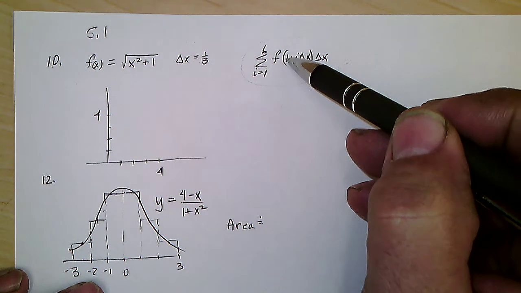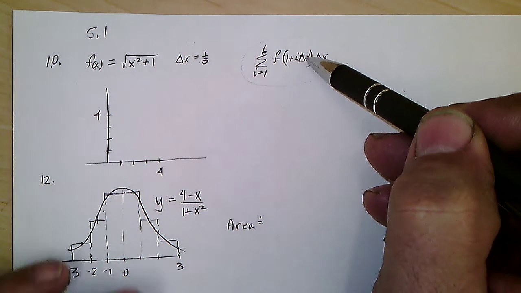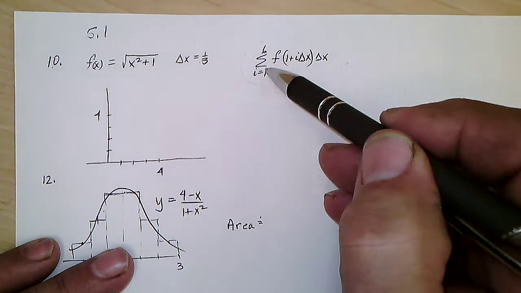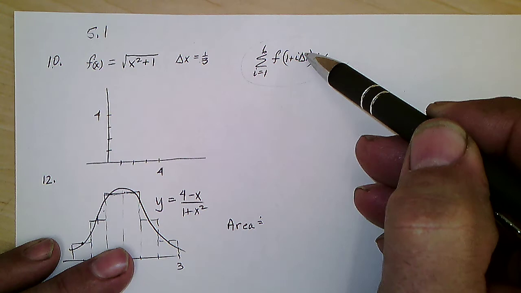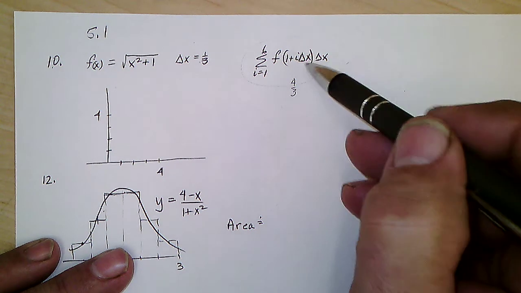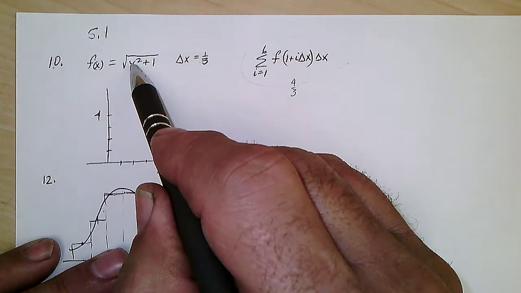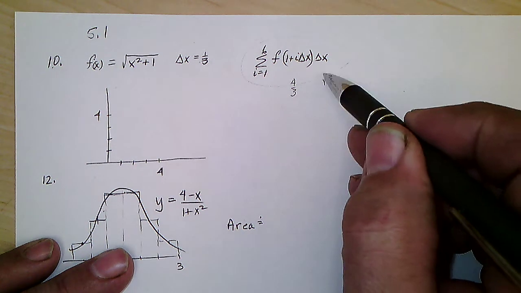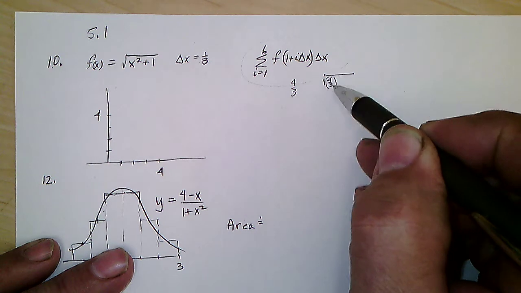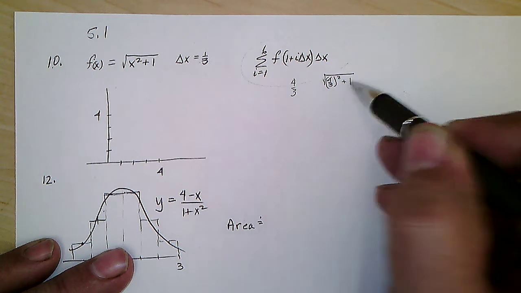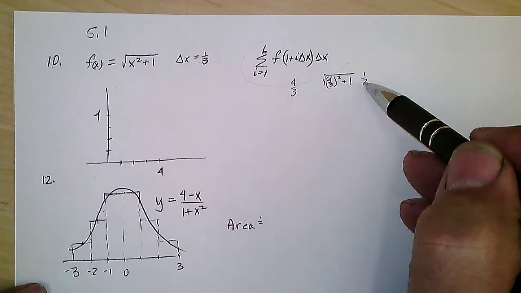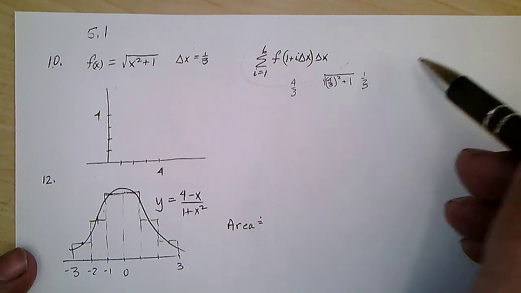And f of 1 plus a delta x, 1 plus 1/3 would be 4/3, into f of x. So we got to put that into here. So we're going to have the square root of 4/3 squared plus 1 times 1/3, but they're all times 1/3, so I can do that at the end.